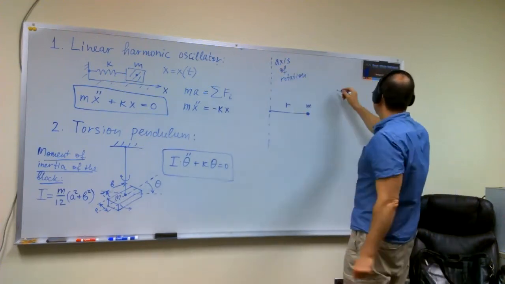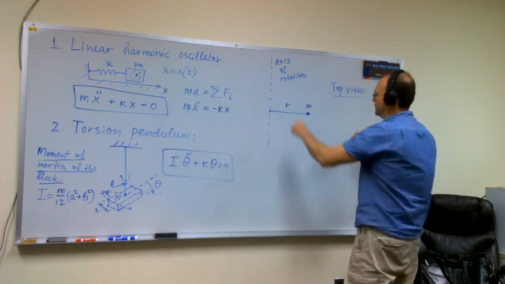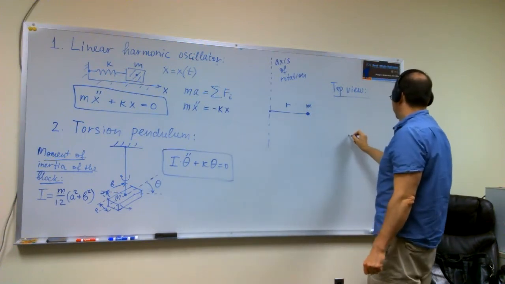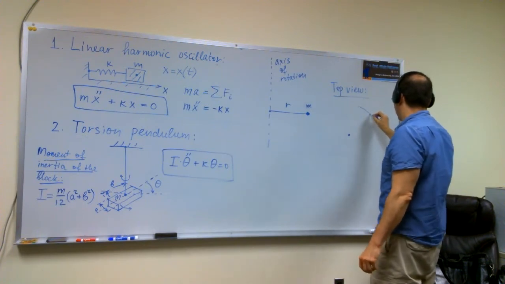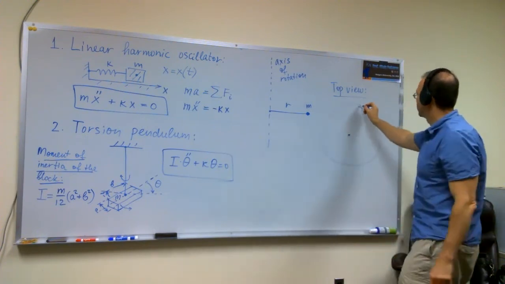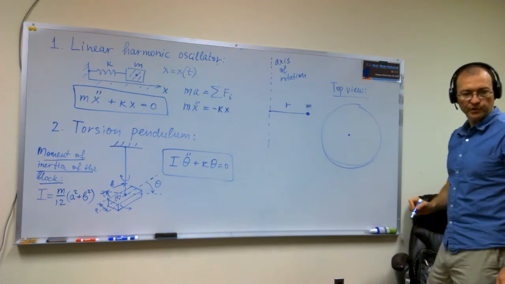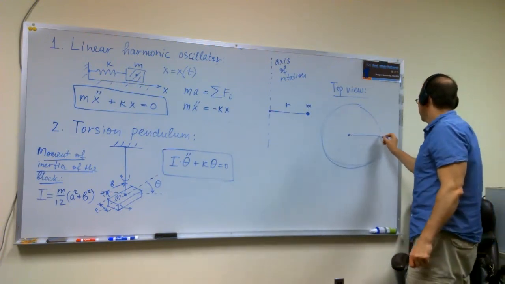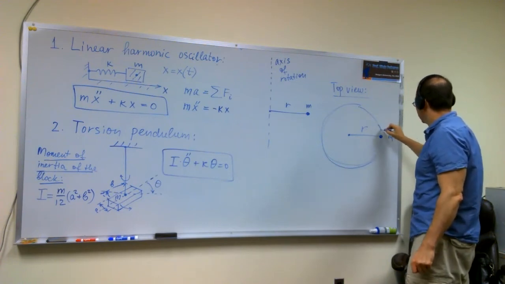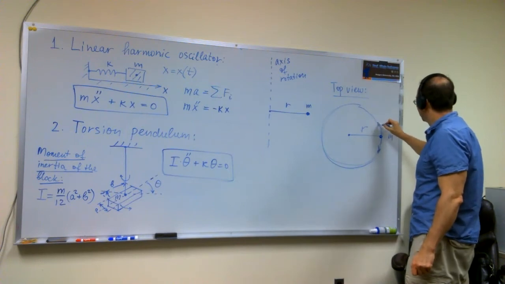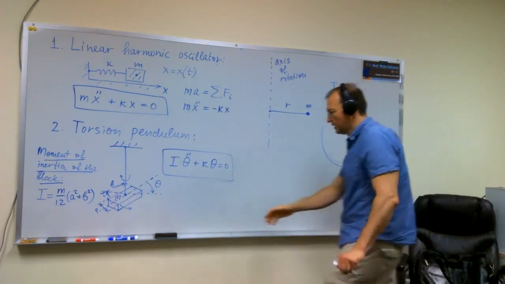So if I look at the top view of this situation, I will have a center of rotation, and then I will have a mass that can rotate around this circle, okay? So I hope you can see it there. So this radius is R. This is the mass M that can be oscillating back and forth around this circle.